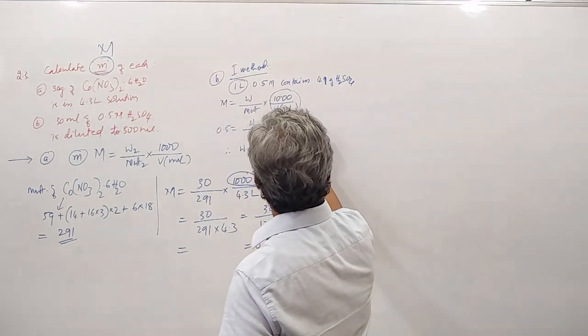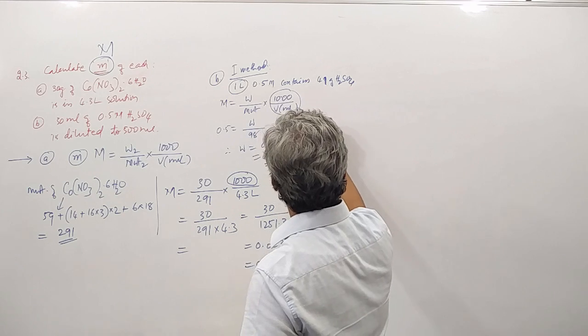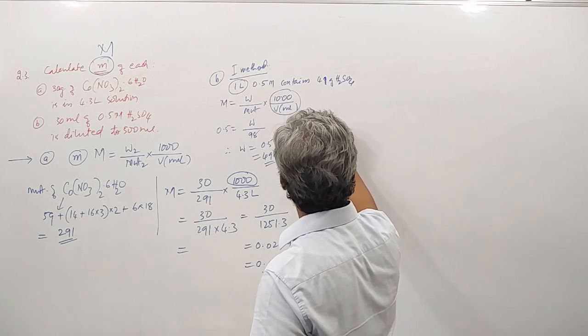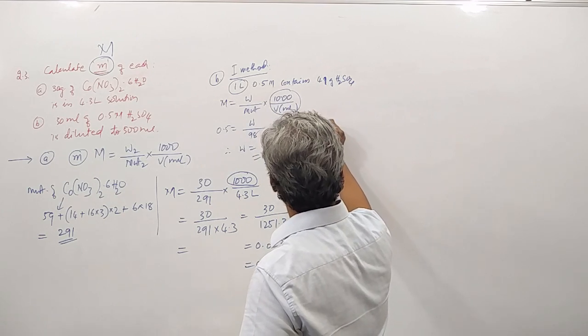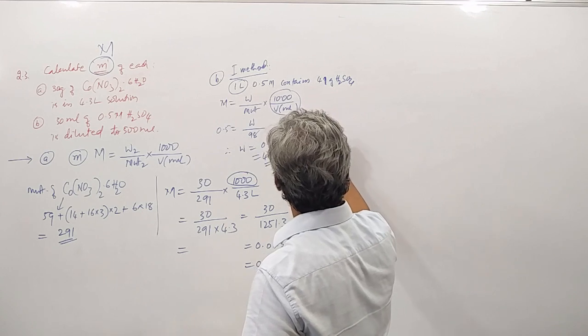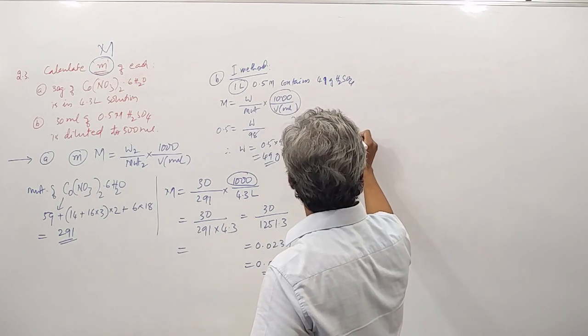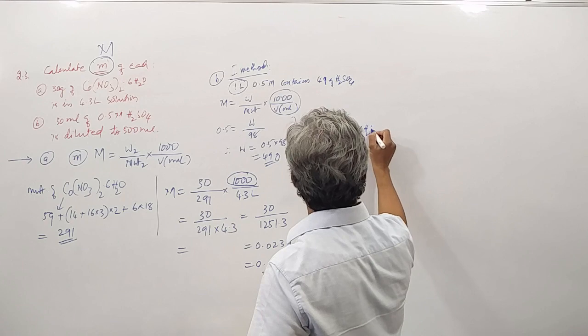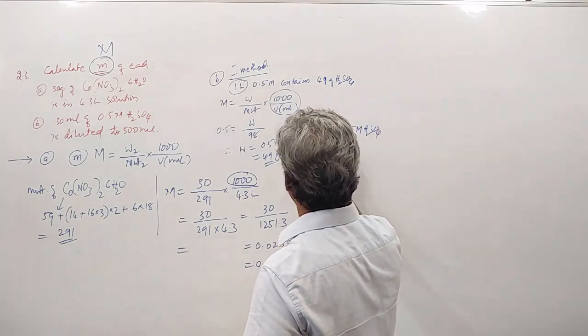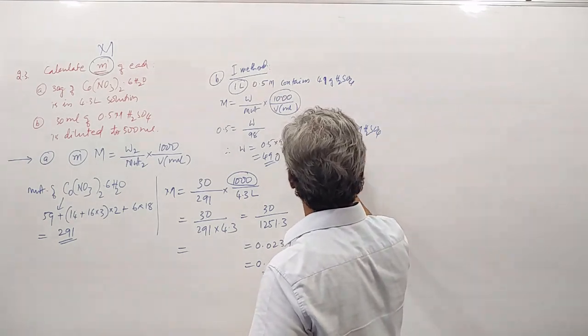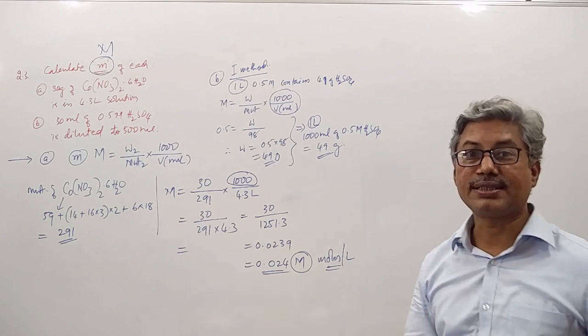See students, this implies that 1 liter, or you can say 1000 ml, of 0.5 M H2SO4 contains 49 grams of H2SO4, isn't it?